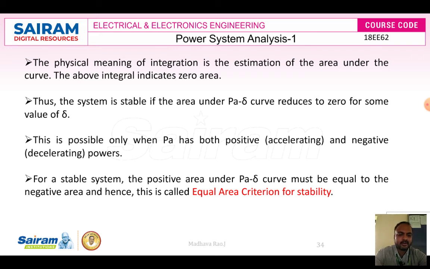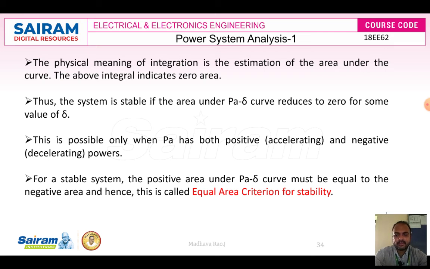PA is positive when the synchronous machine is accelerating, and PA is negative when the synchronous machine is decelerating. That we can identify from the swing curve.